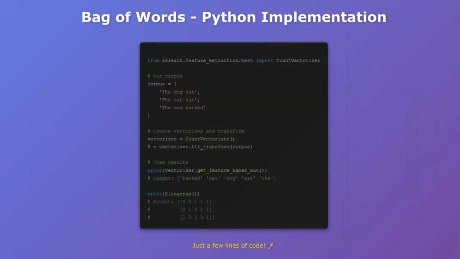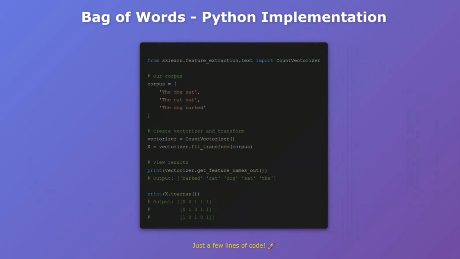Now let's see how we actually implement this in Python. Don't worry, it's incredibly easy thanks to scikit-learn. We import CountVectorizer from sklearn. This does all the heavy lifting for us. Here's our corpus, just a list of strings, our 3 sentences. We create a CountVectorizer object.